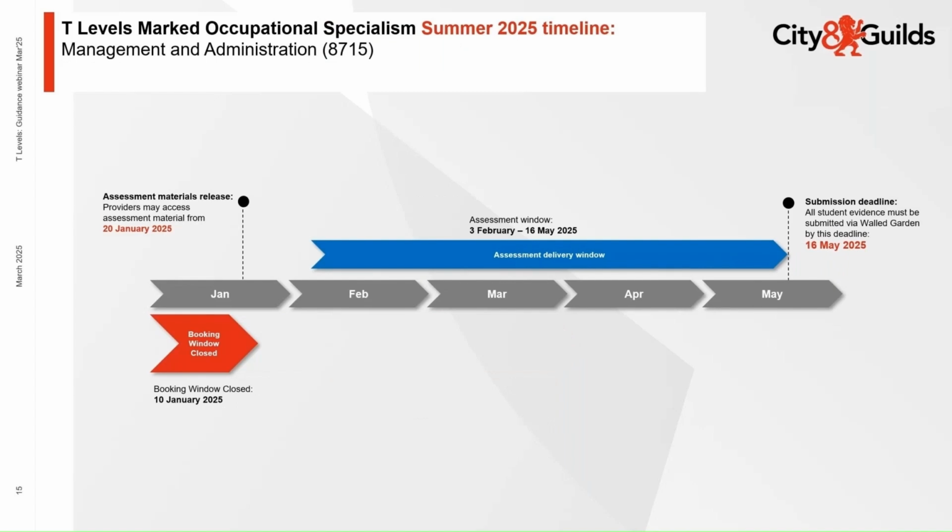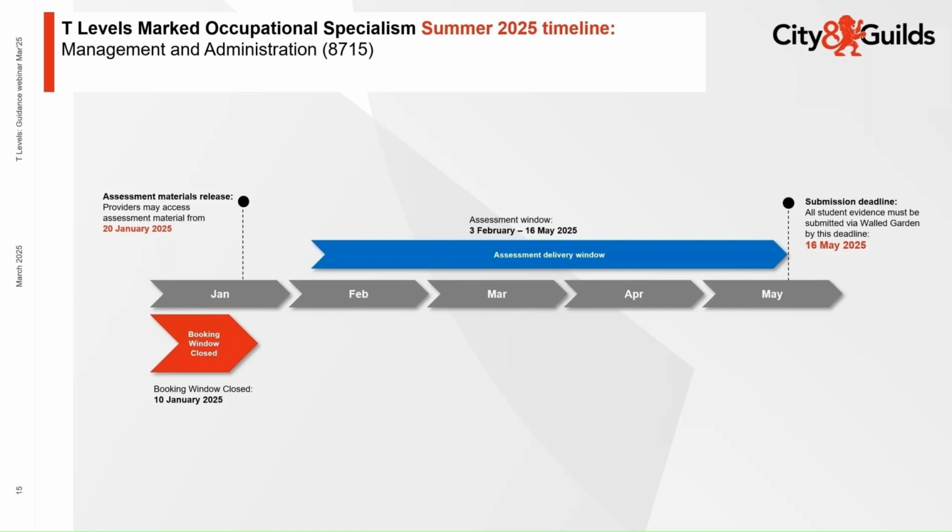So moving on, the next slide details the management and administration occupational specialism, and as I already mentioned, this is the only occupational specialism which is externally marked by City and Guilds and not moderated, and therefore follows the same process for uploading the evidence via walled garden as the other ESP employer set projects.